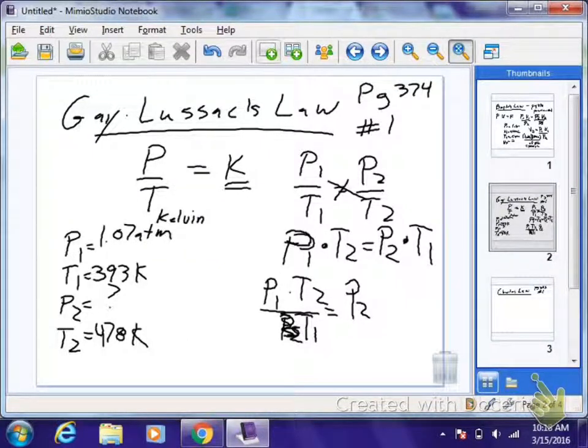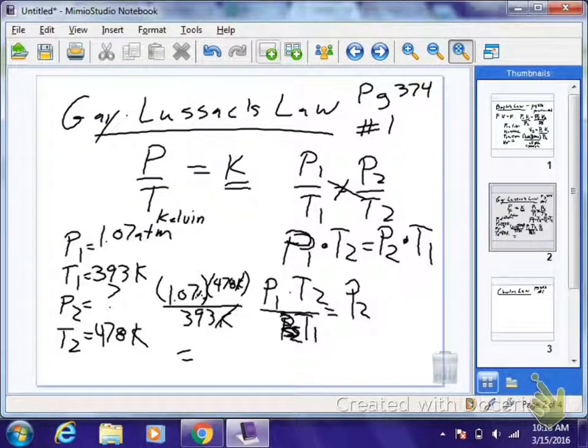So it'll be P1 times T2 over T1 gives me my new pressure. And I just plug in my numbers. Kelvin cancels.